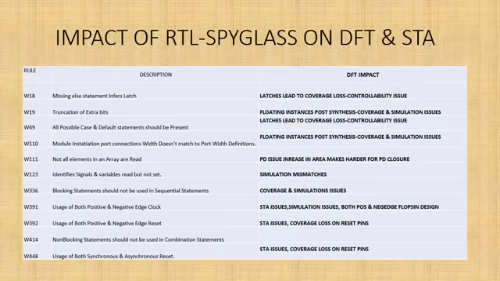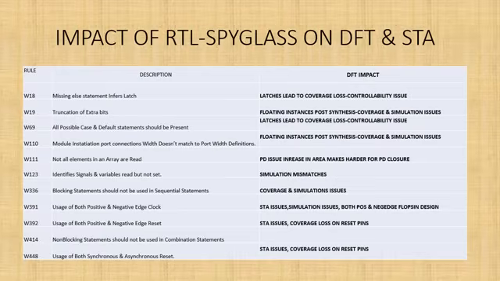When it comes to W19, because of the truncation of extra bits, you have floating instances during the post-synthesis stage, which may lead to coverage and simulation issues. Now, W69, where all possible case and default statements should be present, may lead to latches and coverage loss or controllability issues.